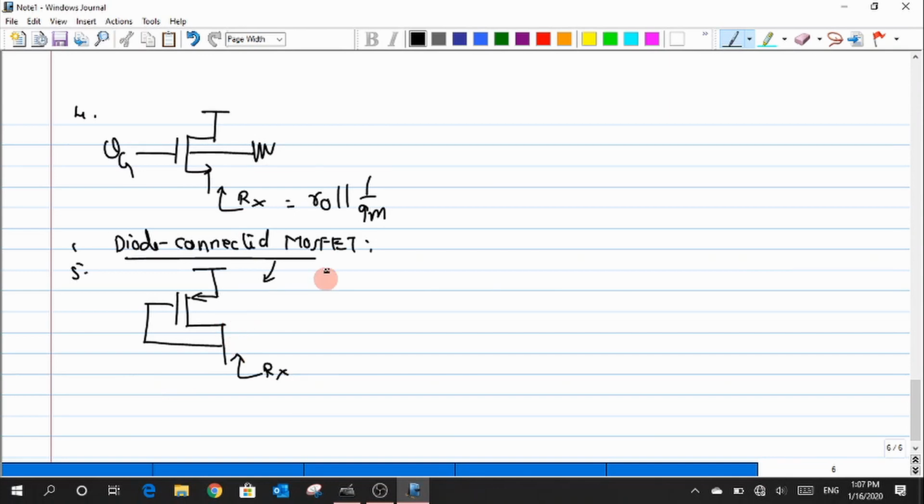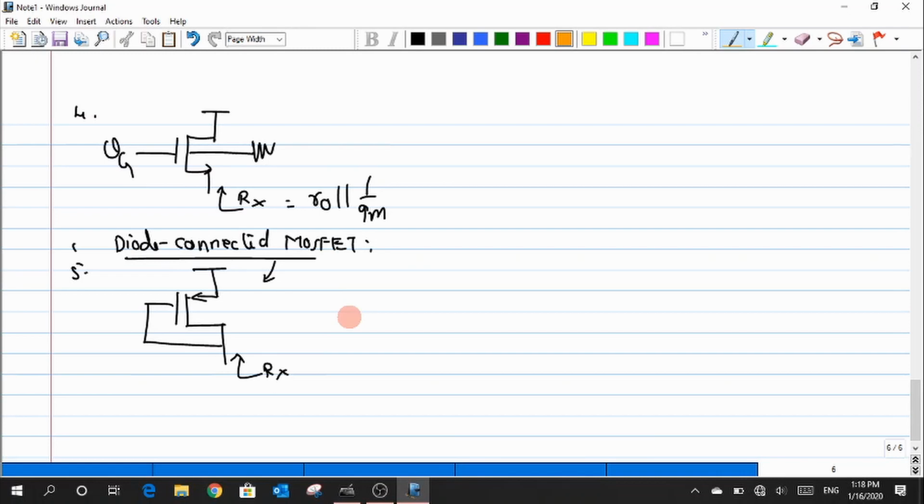Since I always get excited, I tend to draw all the small signal model and do it by myself, but that will not make you think. So I will stop here. I want you to write down and give me the result, and later I will work out this particular circuit. Is there any doubt? Shall I redo the same?